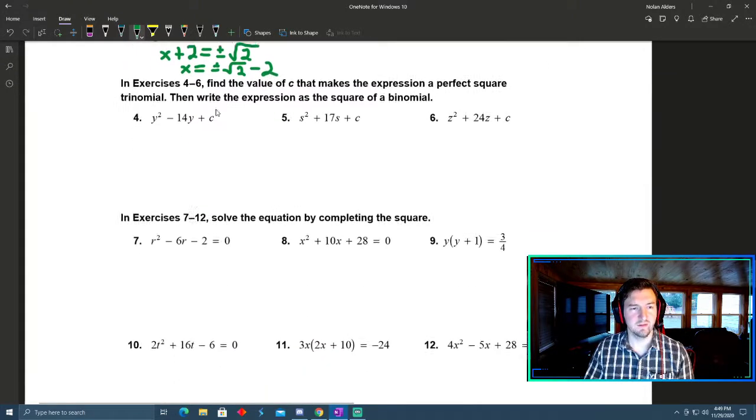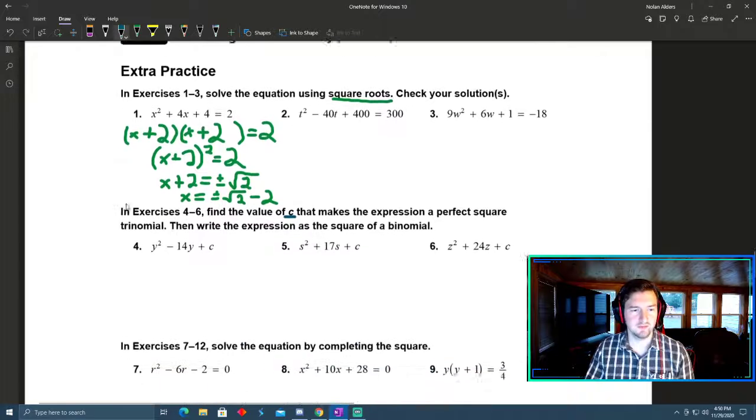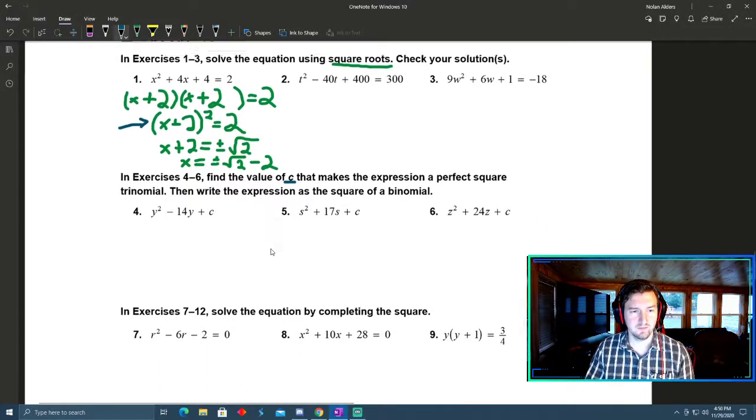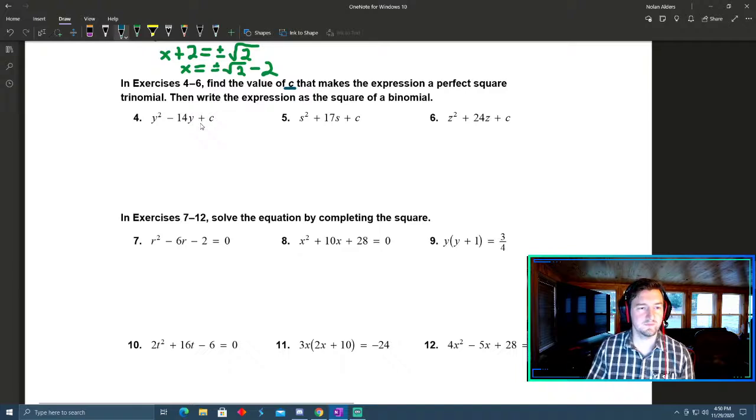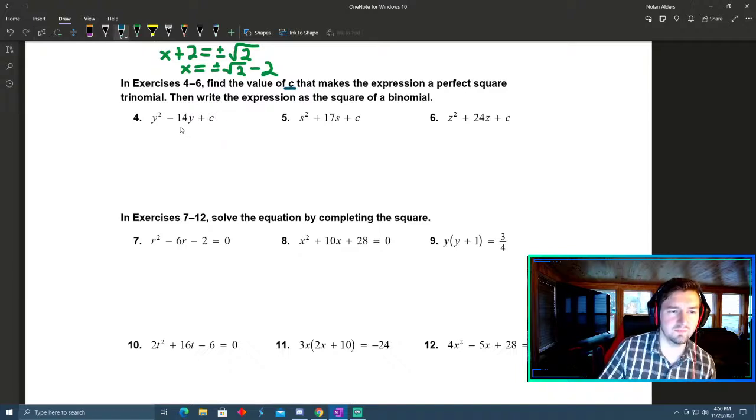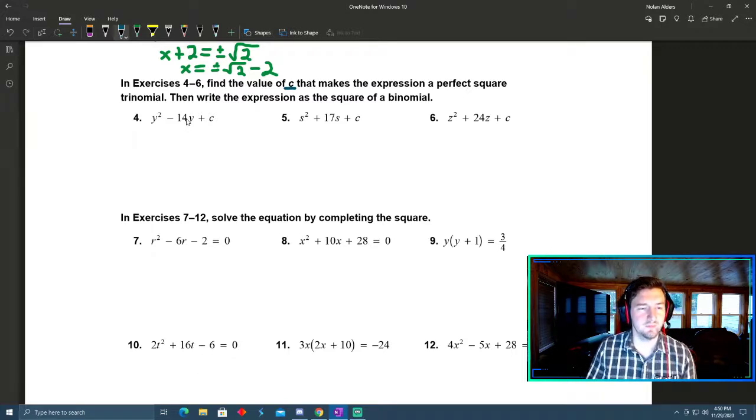Okay, let's look at another problem. So for these problems down here, we're supposed to find the value c that makes the expression a perfect square. So we're trying to figure out what we would add on to the end to make this a perfect square, and then we can write it as a square of a binomial like we did right here. So remember, to figure that out, we have to take b over 2 and square it. Well, our b in this case is 14.